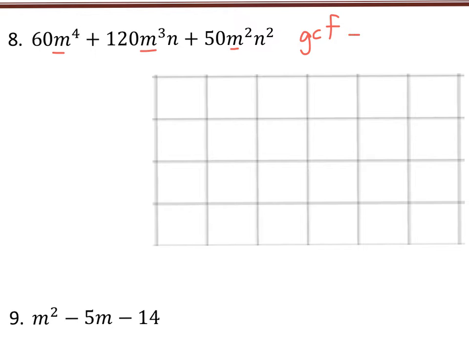So part of that greatest common factor is going to be m squared. Remember, you take your lowest exponent. And then 60, 120, and 50 all have a greatest common factor of 10. And so I'm going to divide the greatest common factor out from each one of these.